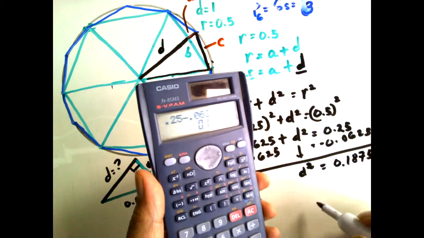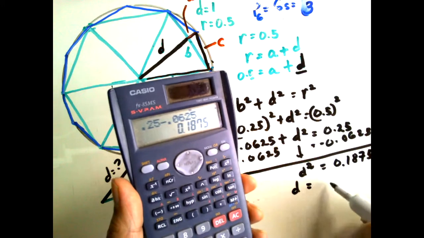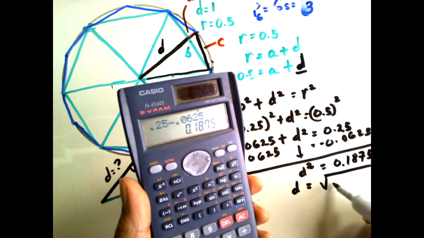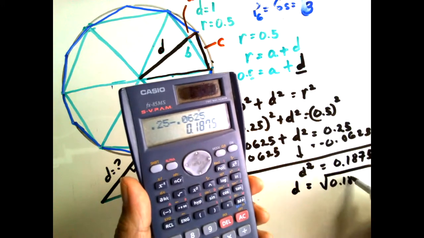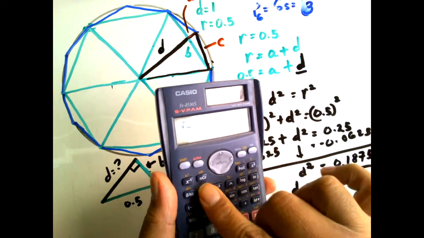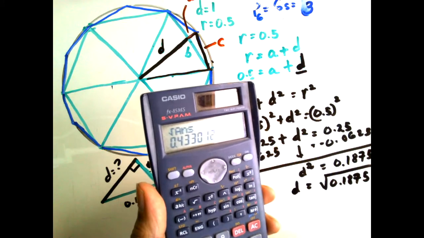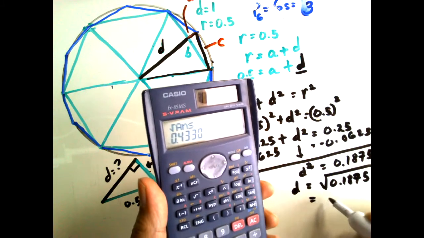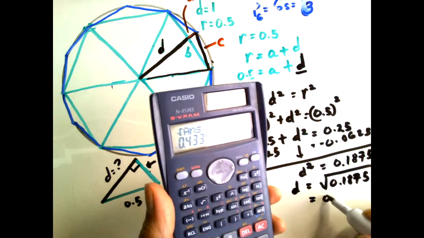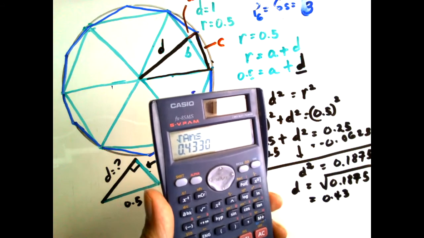And of course, we get the square root of this. So D is equal to the square root of 0.1875. The square root, the answer is 0.43, to two significant figures.